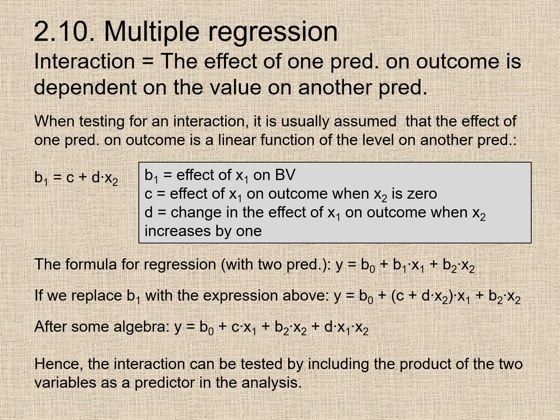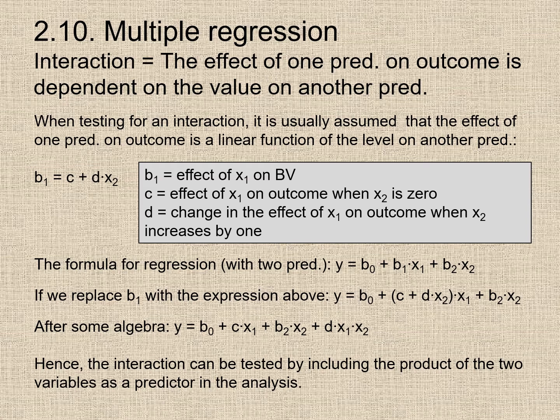So what do we do to test for an interaction? Well, we already have values on the first and the second predictor, but we create a new variable. That is the product of the values on those two variables. So we put in 3 predictors: the first, the second, and their product. We put in all 3 as predictors in regression analysis.